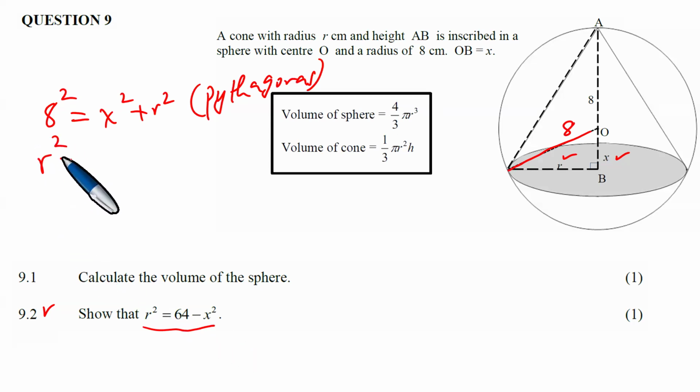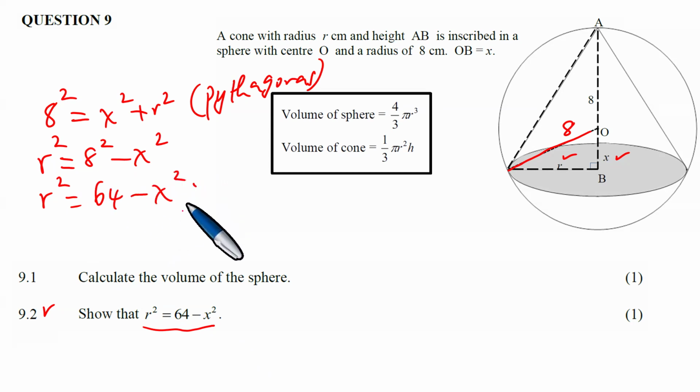So we have r squared is actually 8 squared minus x squared, meaning r squared is 64 minus x squared. That is Pythagoras. That is the answer, and we have expressed this in the required form. That was for 1 mark, and we got the 1 mark there, and we move to the next question.